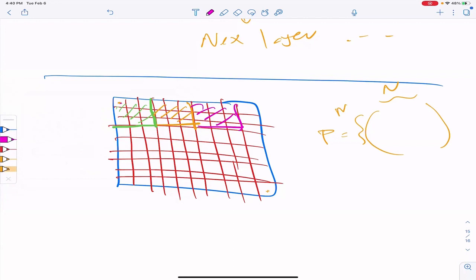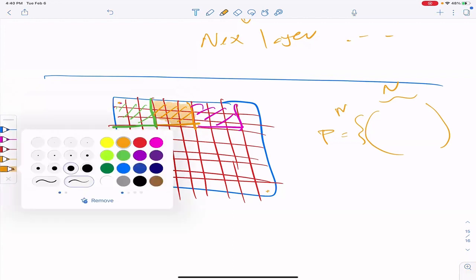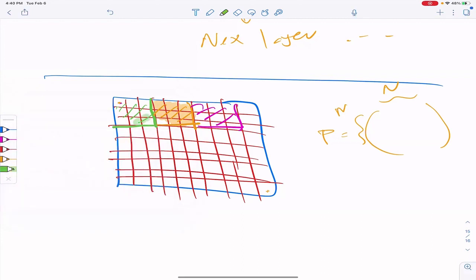I can constrain my computation to these local windows. And in the next layer, I'll shift them around, right? Because now I want to make sure that maybe these 2 patches should have talked to each other. So I'll just shift around and I'll have another design for my windows. That's why we call it shifted window-based self-attention.